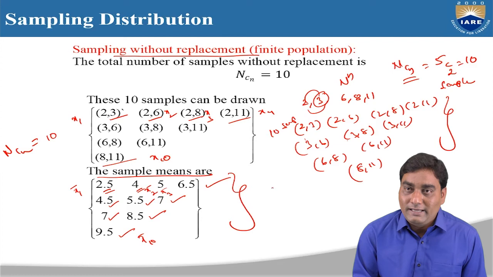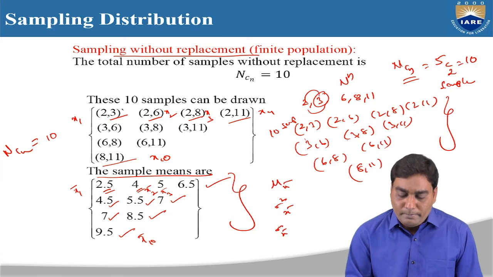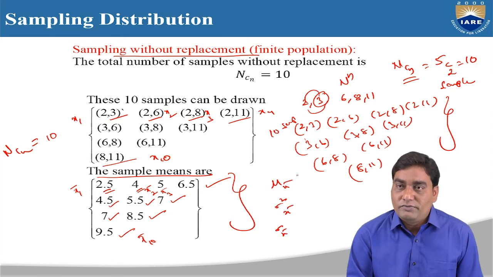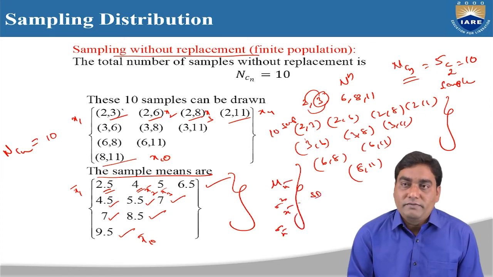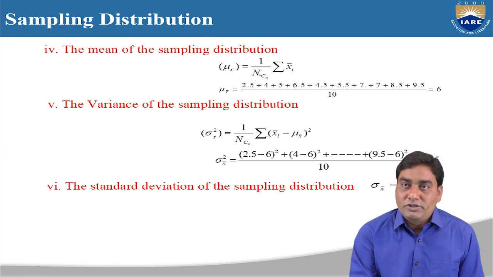What are the remaining three? Mu x bar, sigma square x bar and sigma x bar: the mean, variance and SD of the sampling distribution we should find. The mean of the sampling distribution formula is 1 by NCn times the sum, here 1 by NCn because it is without replacement.